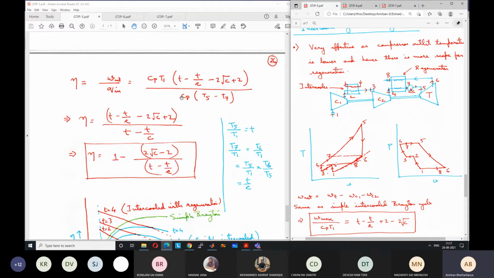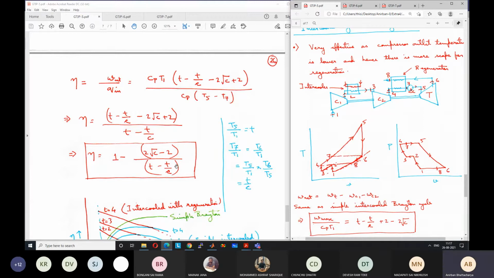So CP gets cancelled, and the numerator you keep the same, and in the denominator T5 by T1 is T max by T minimum, which is equal to T, and T7 by T1 is equal to T7 by T5 into T5 by T1.